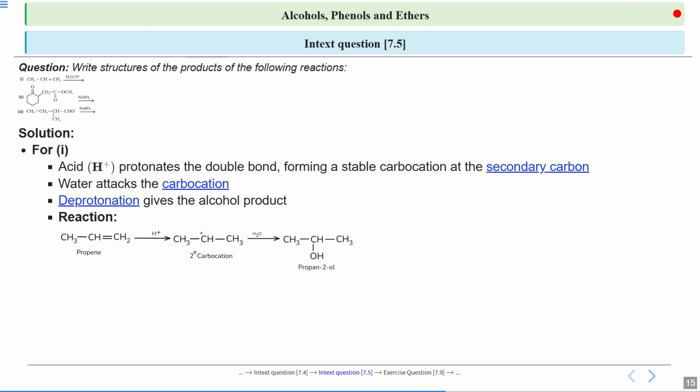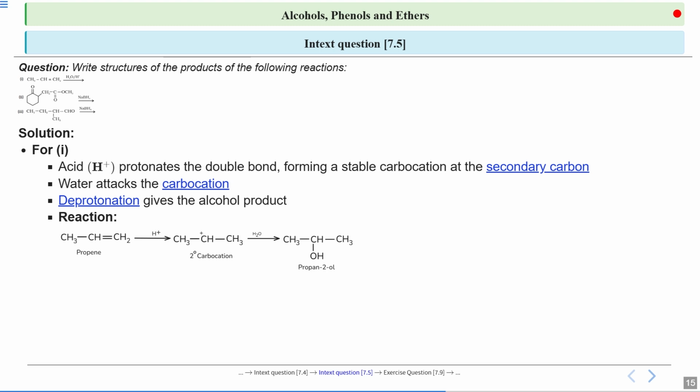You react it with H positive, and it undergoes acid catalysis, where the H positive protonates the double bond present in the propene, and you will get a secondary carbocation. So H positive will attach to the CH2 carbon of the double bond, and you will get CH3, CH positive, CH3, a secondary carbocation, which is stable.